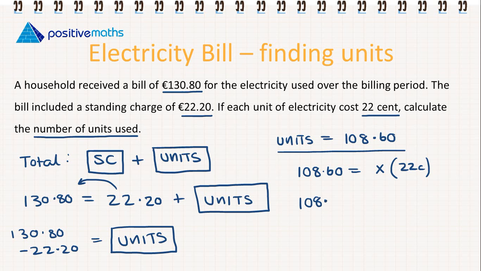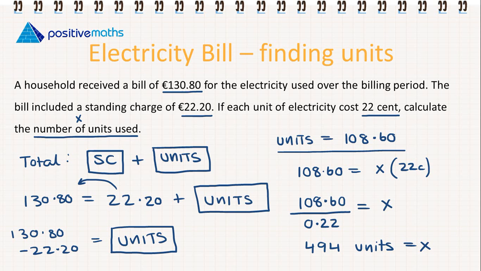So we divide our 108.60 by our 22 cents. Now remember, we're going to change this to 0.22 because our full amount is in euros, so we have to divide it by euros, so 0.22 euro. Then we can find X, where X is the number of units used. So when we divide, we get 494 units, and that's rounded to the nearest unit.